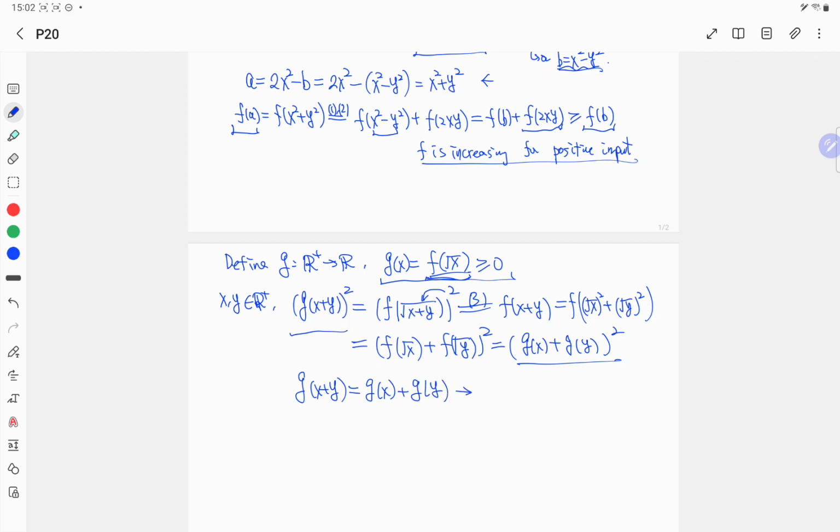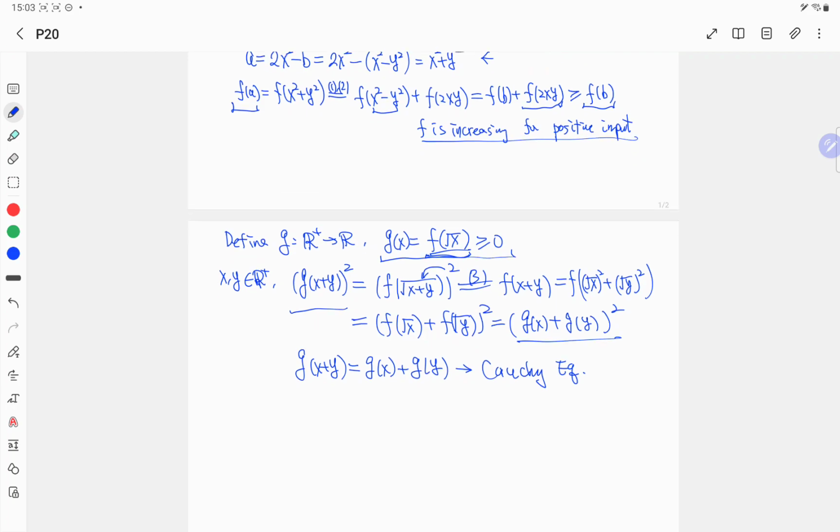So it turns out to be a Cauchy equation, but we need some additional condition so that we know the solution to be a linear function. Otherwise, we can only know the solution to be a linear function for rational numbers.